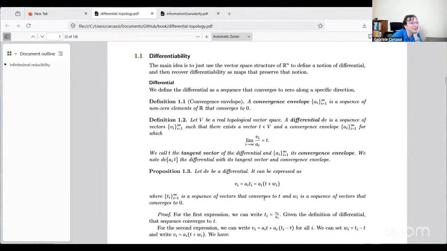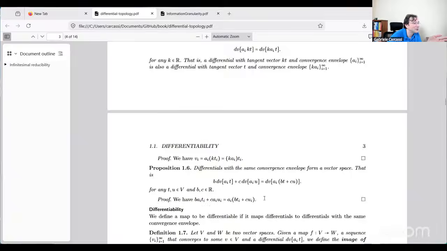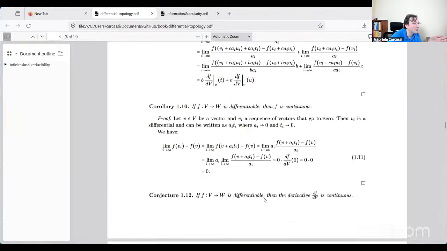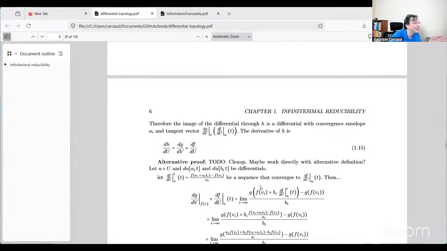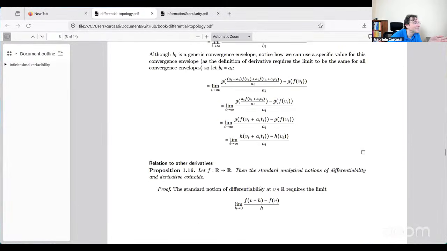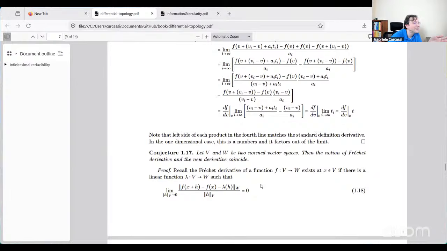But this is basically the theory that I would like to create, for having a tangent space that not only recovers manifolds, because I can recover somewhere here the Frechet derivative. On normed vector spaces, the notion of Frechet derivative and the new derivative coincide, right?